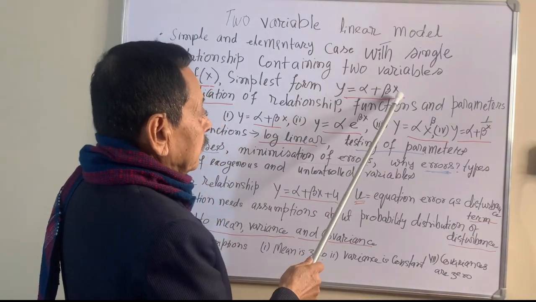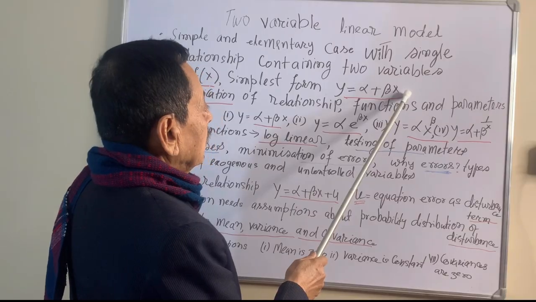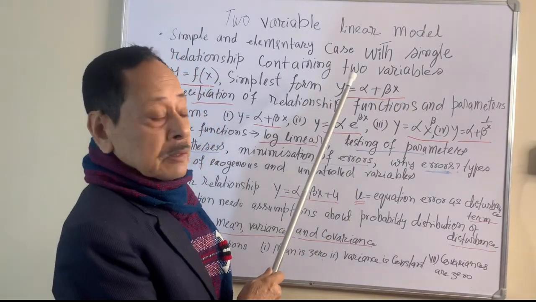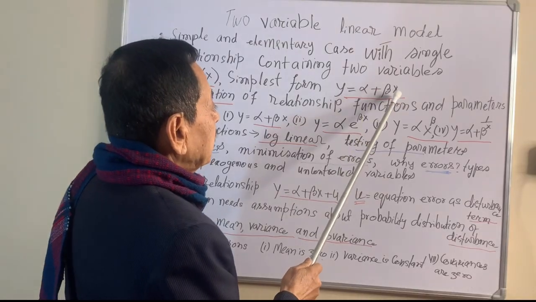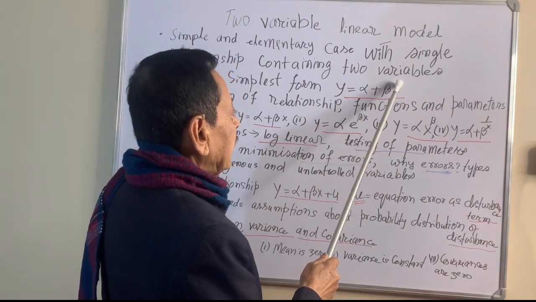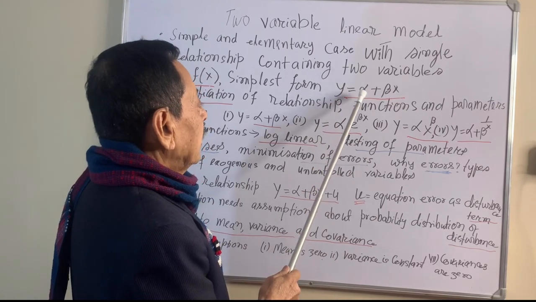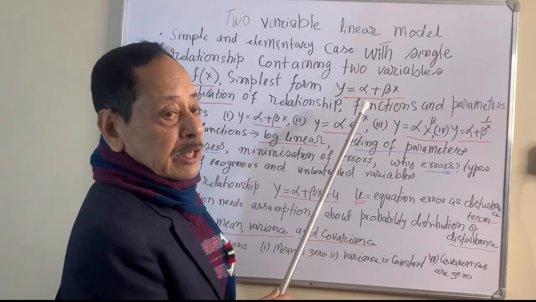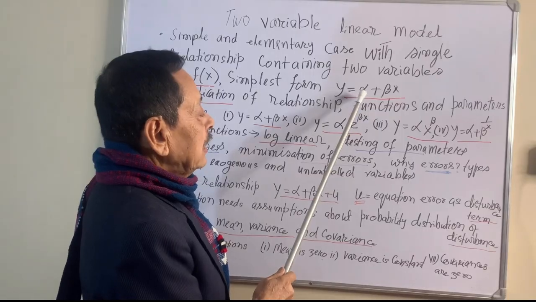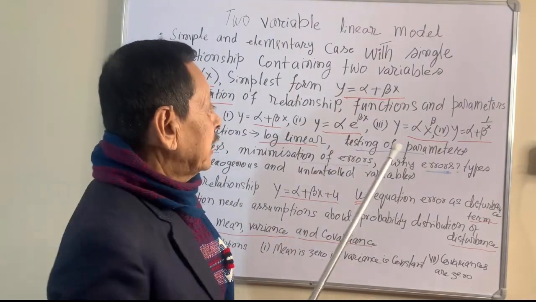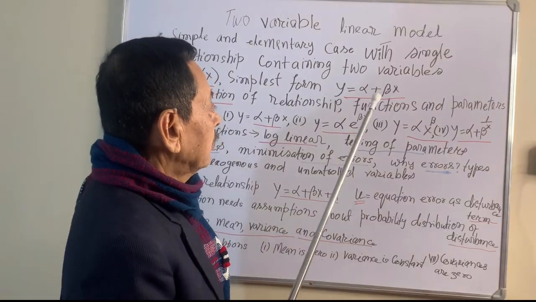So if x is increased, then at what rate will y change? And if x is not applied at all, what will be the level of y? That is reflected in the intercept. So it generally happens with some inputs or explanatory variables, influential variables.